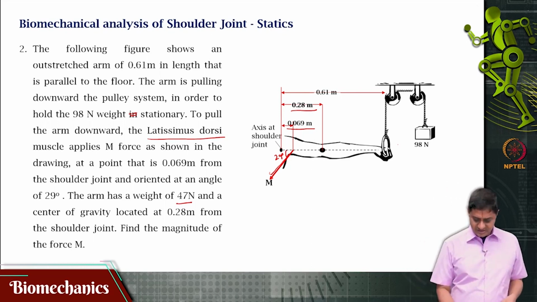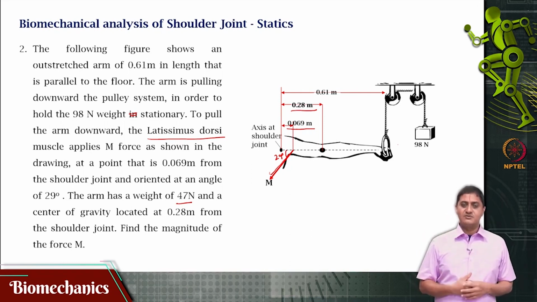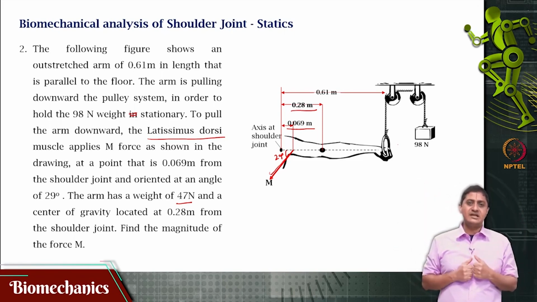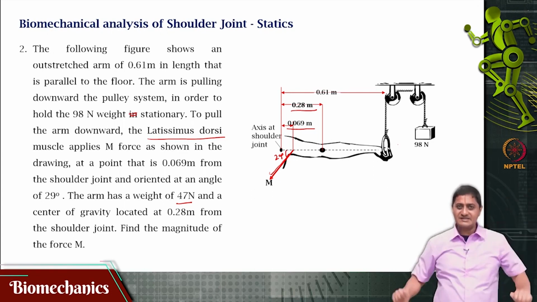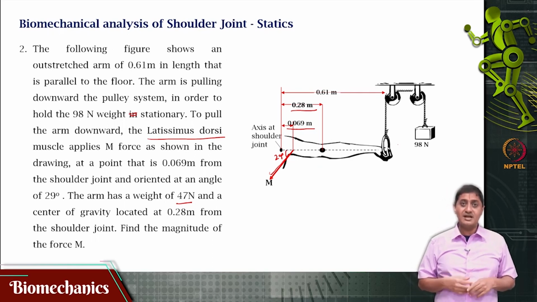So, this latissimus dorsi is the muscle that is on the back, right. When you do pull-ups, you are essentially engaging the latissimus dorsi, or when you are pulling something. There is also this exercise machine called lat pull downs.